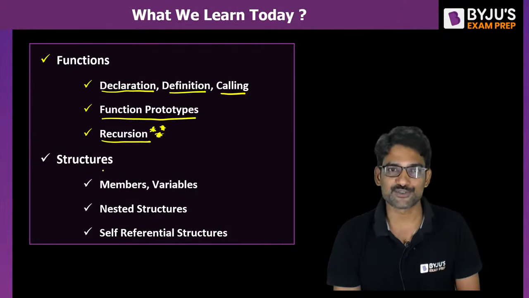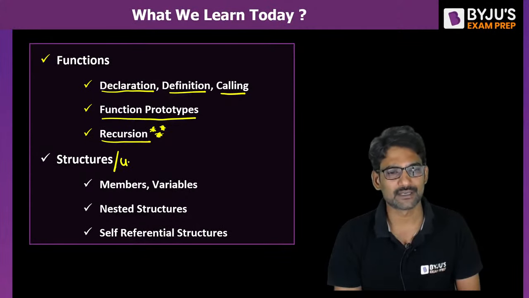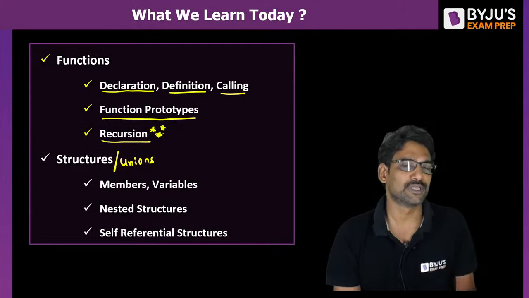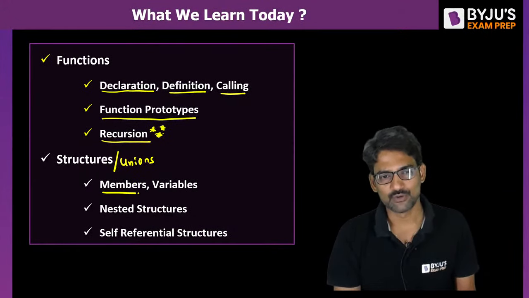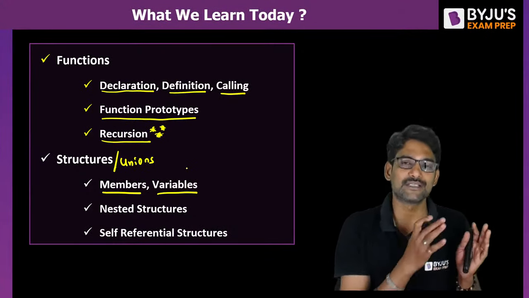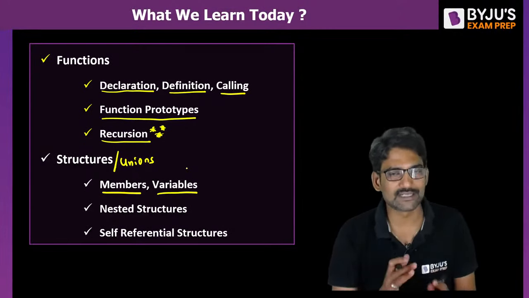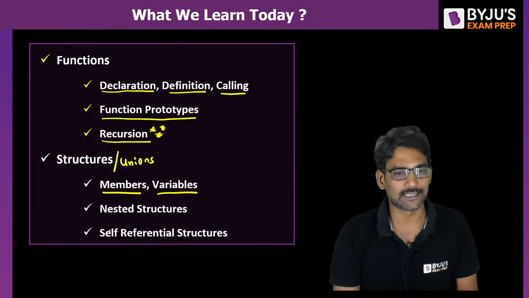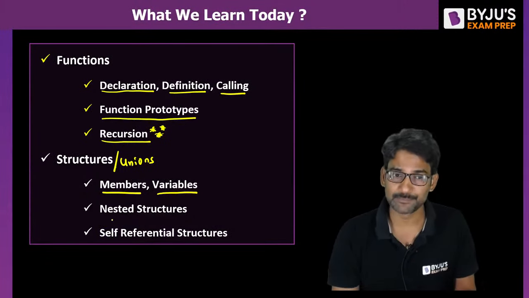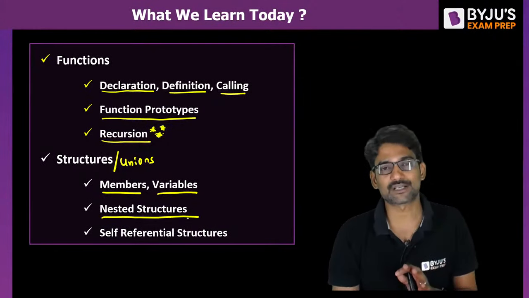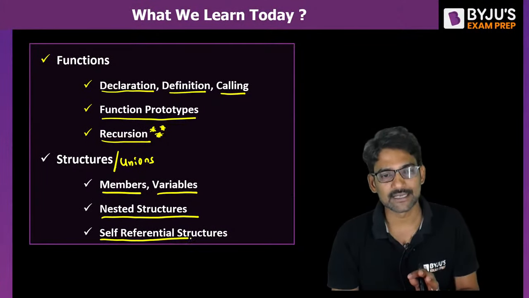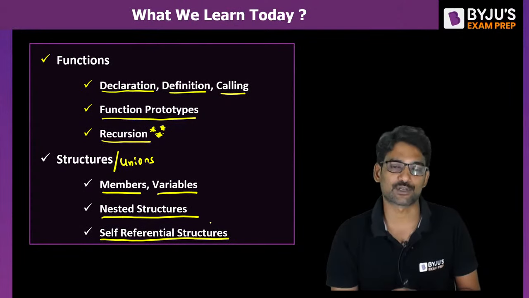And then structures. Structures means here unions is almost covered. When I say structure, union is almost covered. So we will understand what is a member, what is a variable, the difference between them, how we access a member, and the nested structure concept, as well as the self-referential structure concept.